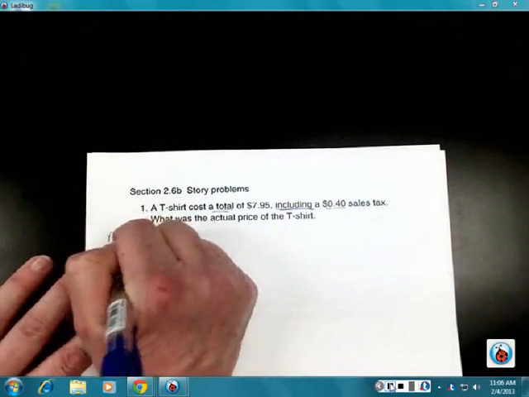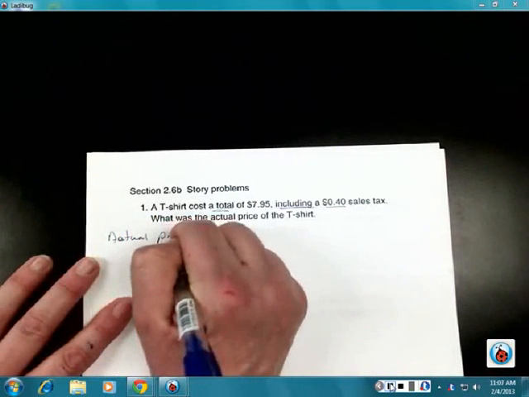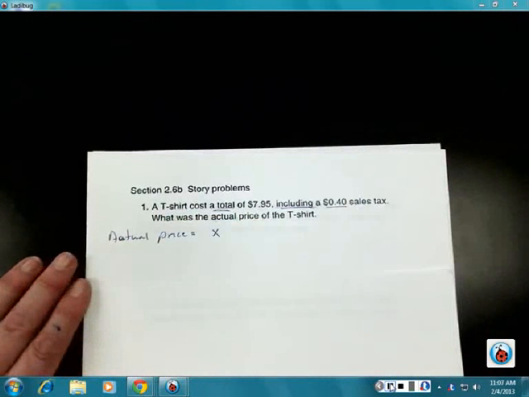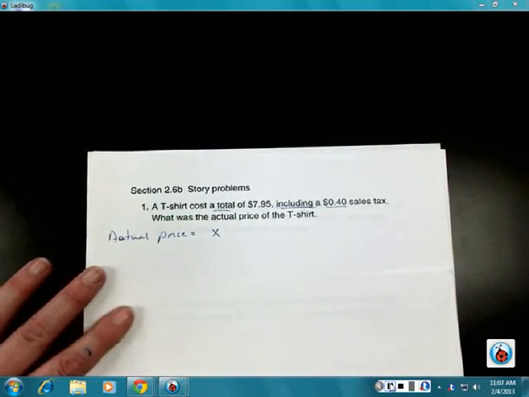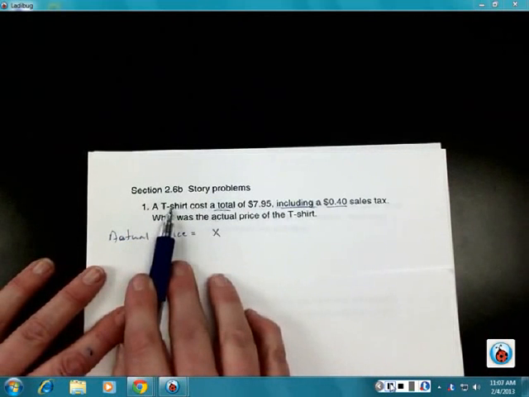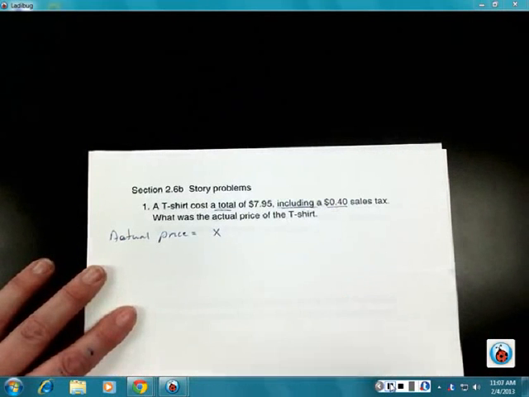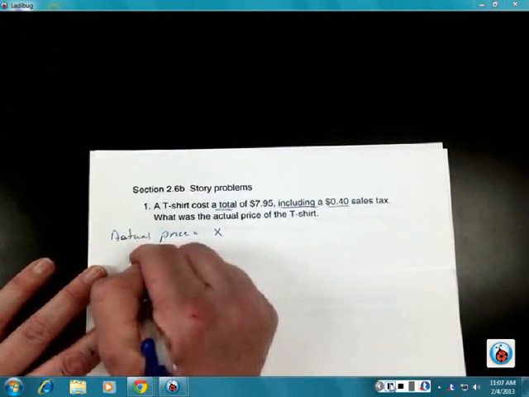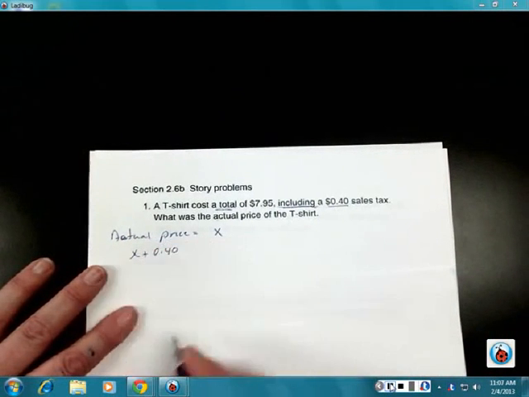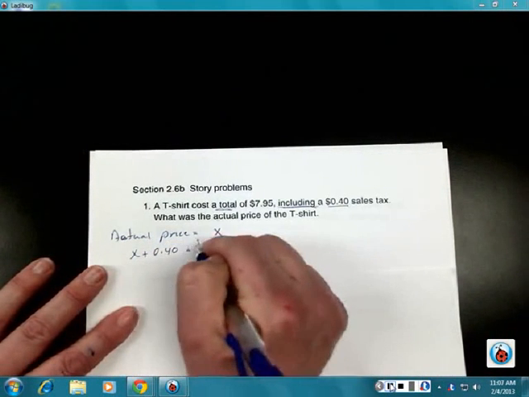So the actual price is X, correct? Because I don't know what it is. So total means I need to add the t-shirt's price plus the sales tax, right? Because we do these things all the time when we go out shopping. So X plus 0.40 is equal to 7.95.